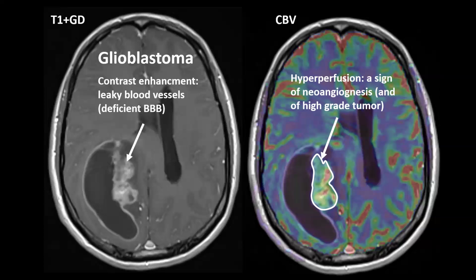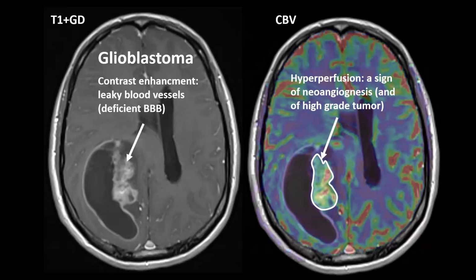Due to neoangiogenesis, high-grade tumors tend to develop their own blood supply, and the microvascular density of high-grade tumors like glioblastoma is higher than that of low-grade tumors or of normal brain parenchyma. So if you do perfusion images, we will see an increase in the cerebral blood volume in these tumors, as we can see here.